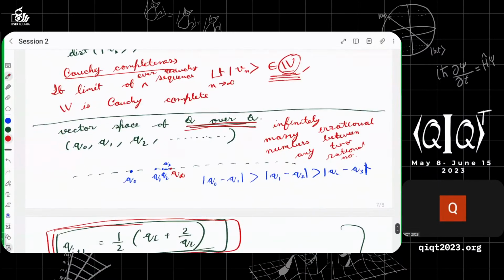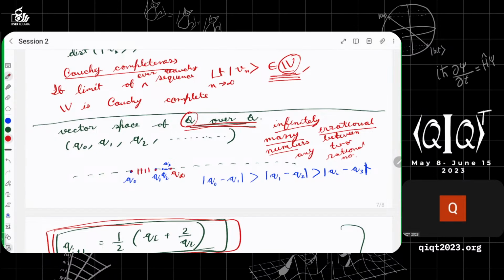The reason why there is a Cauchy sequence which does not converge in the same Q set is that the set of rational numbers has holes in it. As we mentioned, there are infinitely many irrational numbers between any two rational numbers. So between any of these two points, there are many points which are missing from the set of rational numbers.